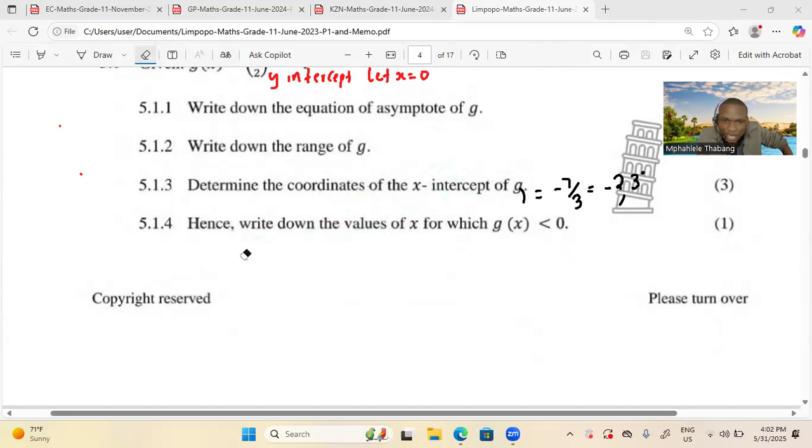Okay, let me write down all those points that we need in order to sketch the graph. I said to sketch the graph of a hyperbola, we need the x-intercept, and the x-intercept we found to be 3,5.